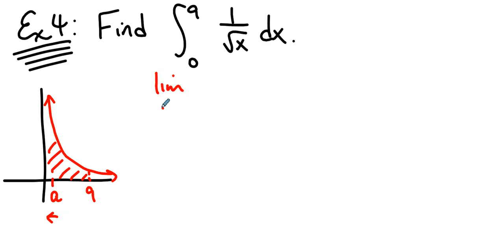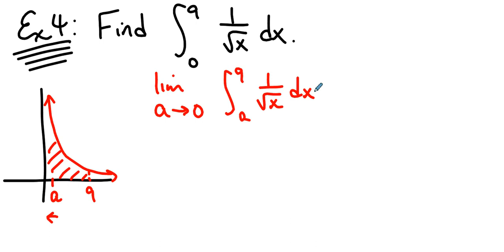You take the limit as a approaches 0 of the integral from a to 9 of 1 over root x. Again, it's the same kind of idea. I can't get to 0 because of that asymptote, but I can go to a and I can push a. And so that's what we do.